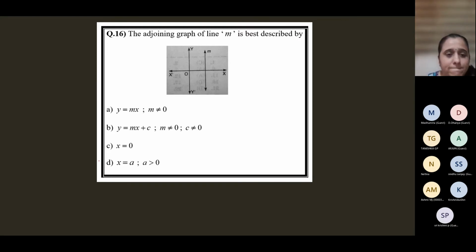D, okay. I think it's A. A, okay. A, all right. Ma'am, A. Who was that? A again, Madhumita and Krishmika. Krishmika also says A. Sindhu and Sanjay say D.